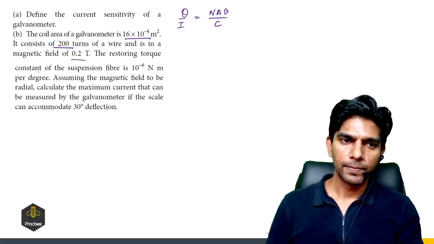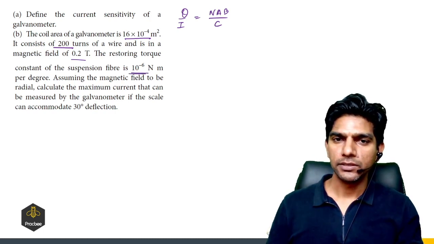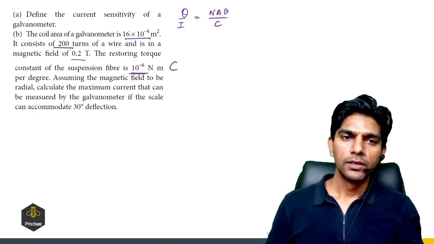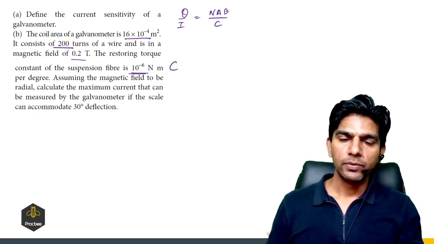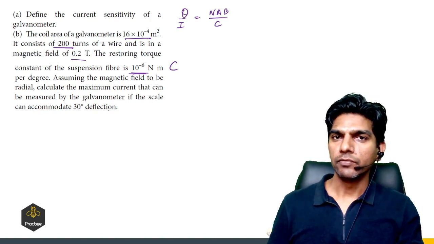The restoring torque constant of the suspension fiber is 10 raised to power minus 6 Newton meter per degree. So basically this is C, right? Assuming the magnetic field to be radial, calculate the maximum current that can be measured by the galvanometer if the scale can accommodate 30-degree deflection.